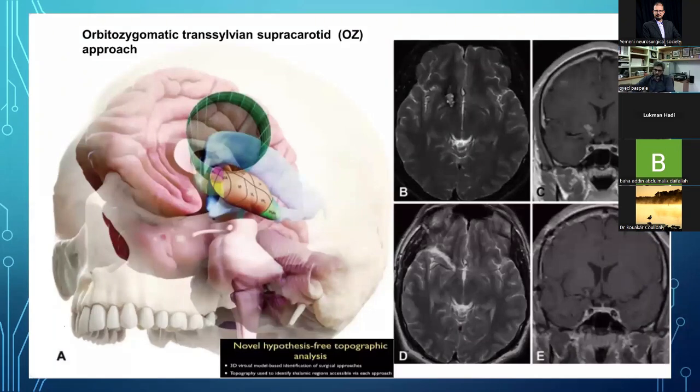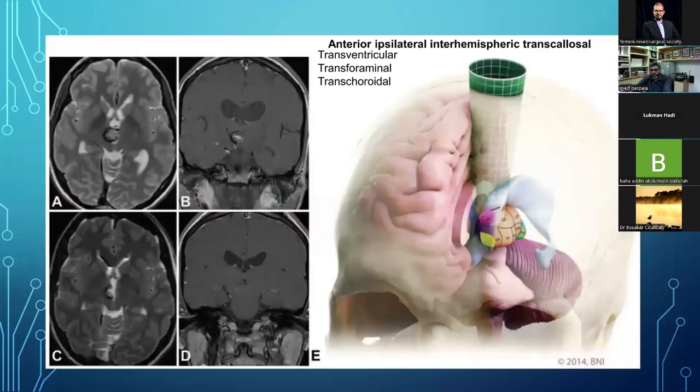As I told you, this is one lesion in the anterior inferior part of the thalamus, and this can be approached through the orbitozygomatic transsylvian and the supracarotid approach. And this is a lesion in the medial part of the thalamus.